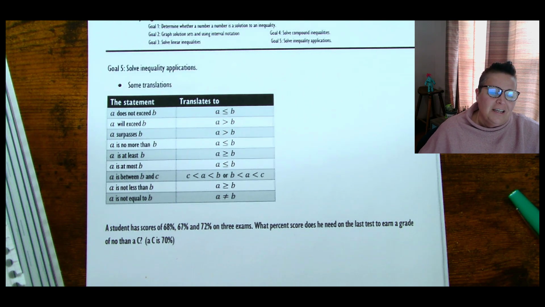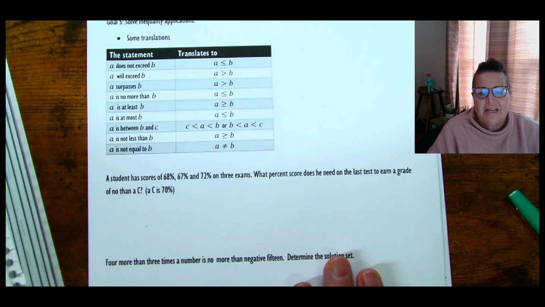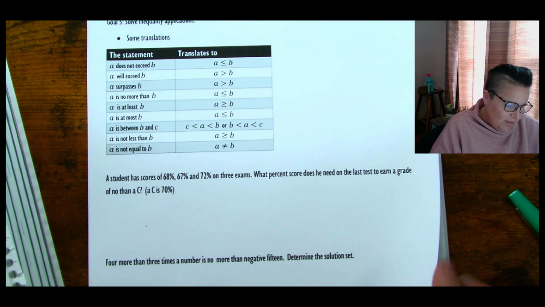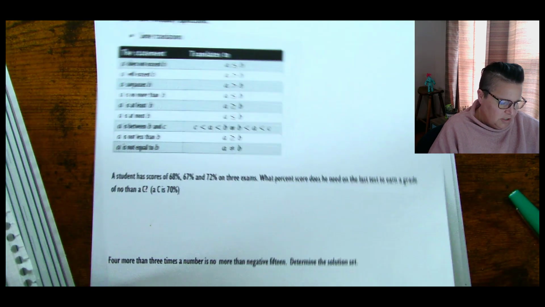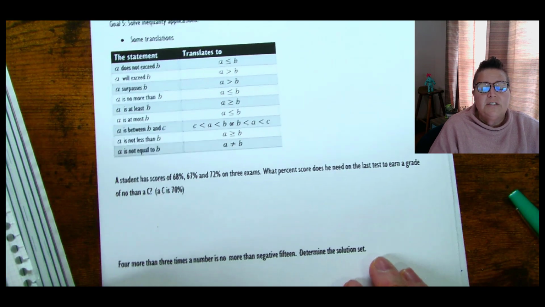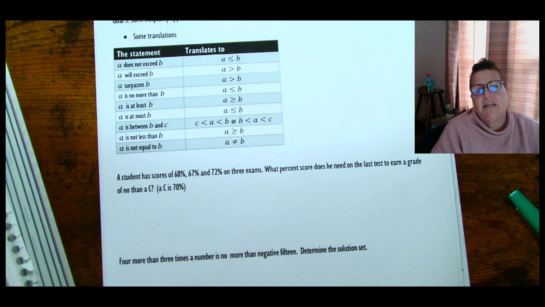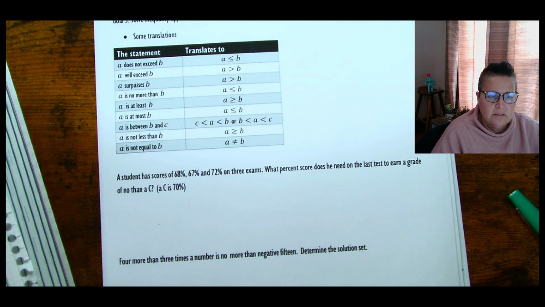So what we're asking you to do here is to set up some equations and solve them. So if a student has scores of 68%, 67%, and 72% on 3 exams, what percent score does he need on the last to earn a grade of no more than a C?